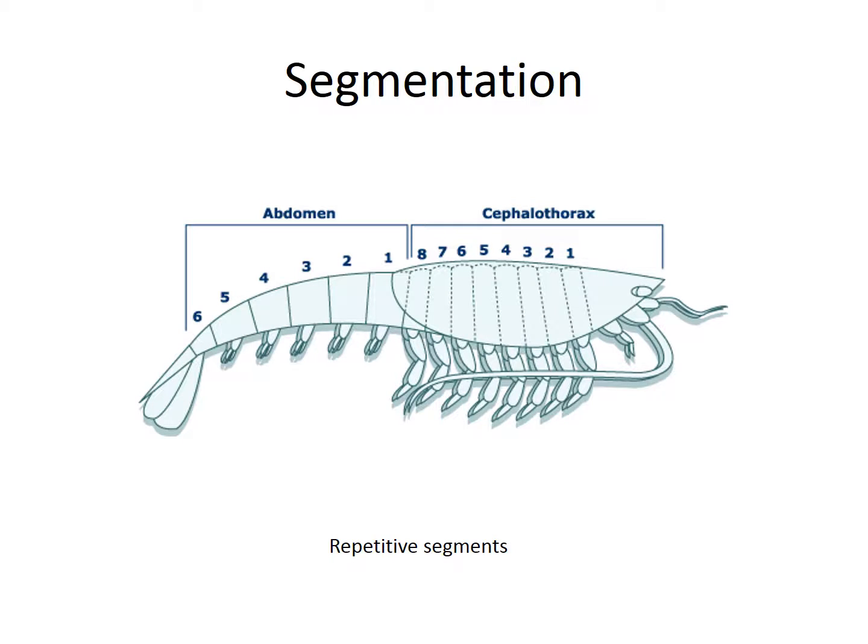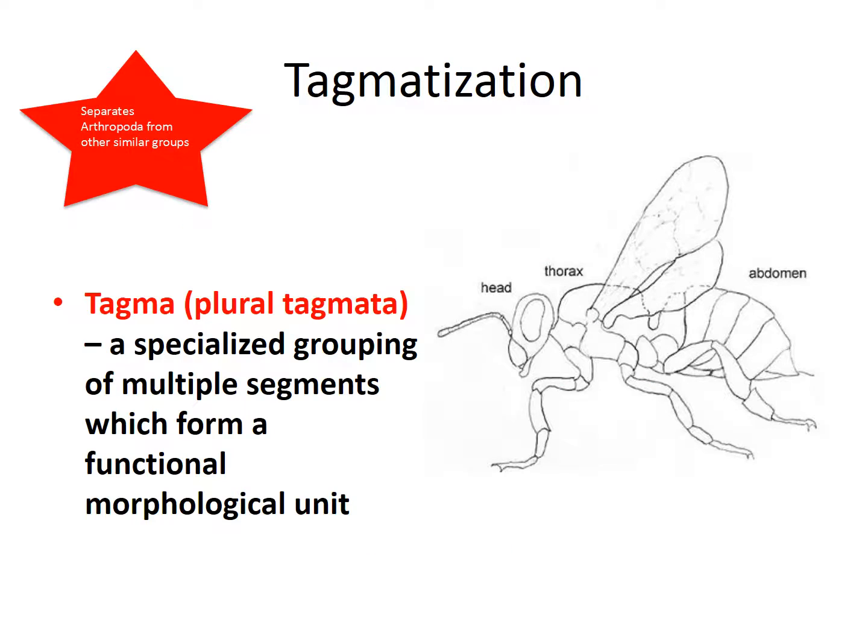The third thing that distinguishes arthropods is segmentation. So basically you've got repeated segments along the body of an arthropod. The fourth thing, and this is the thing that separates arthropods from all other similar groups, is the concept of tagmatization.